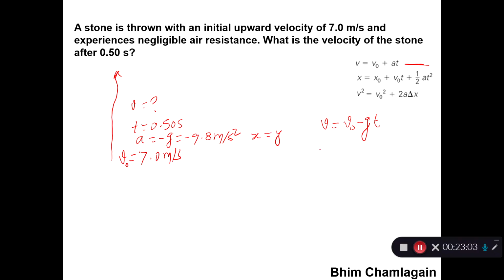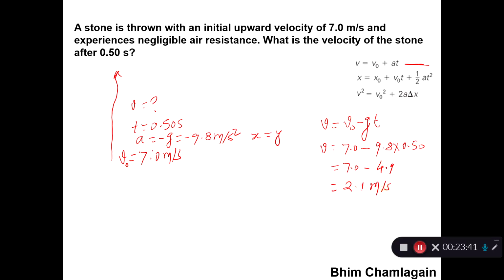Now v is what you have to calculate, v naught is given as 7.0 meters per second, g is 9.8 meters per second squared, and the time is 0.50 second. So this is 7.0 minus 9.8 times 0.50, which is 4.9, and 7 minus 4.9 you will get 2.1 meters per second.